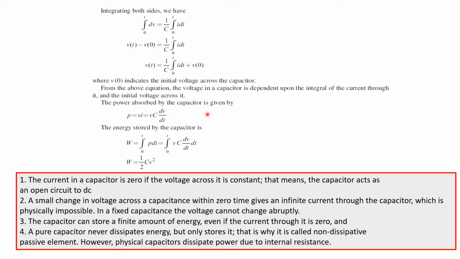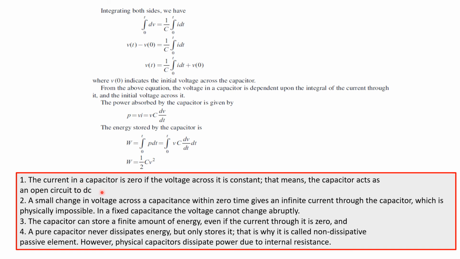The power absorbed by the capacitor is given by P = V·C dV/dt. The energy stored in the capacitor is ∫₀ᵗ P dt, which results in the energy stored in the capacitor being given by ½CV².